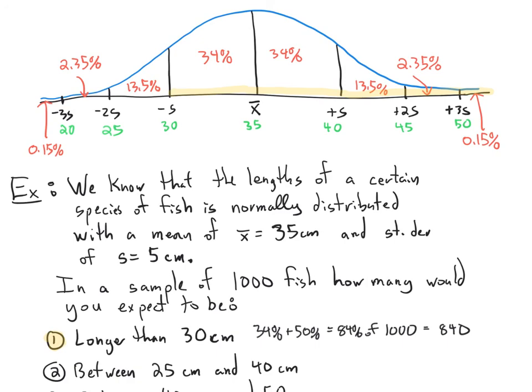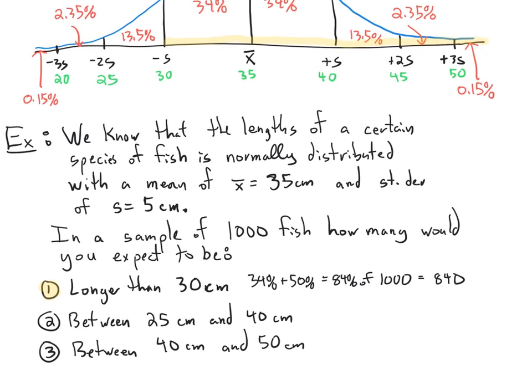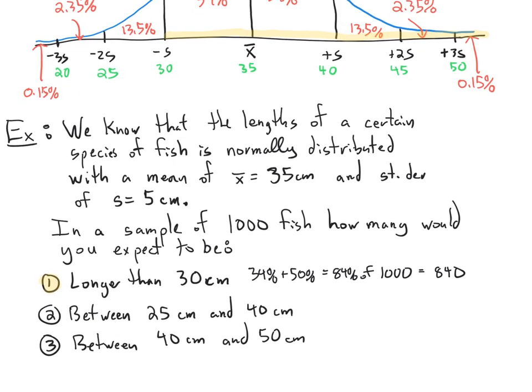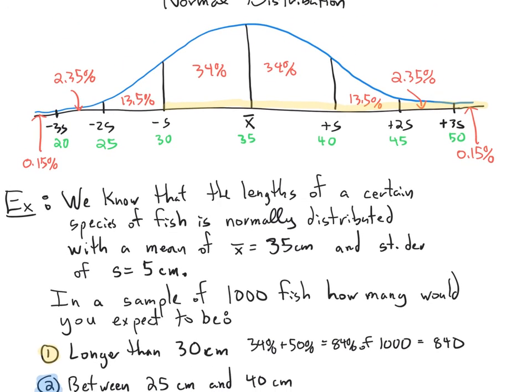Okay, let's scroll, do the same thing. Let's do between 25 and 40. I'll do this one in the color blue, I guess. So highlight blue just to remind us. Scroll back up, between 25 and 40. So that is in blue here.